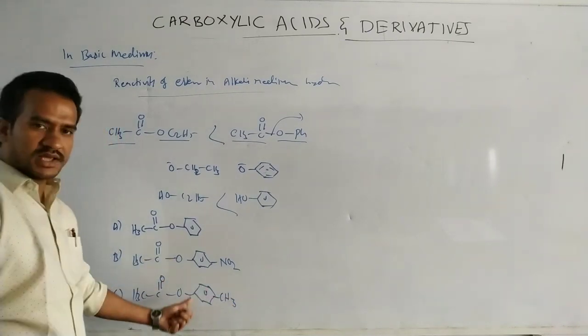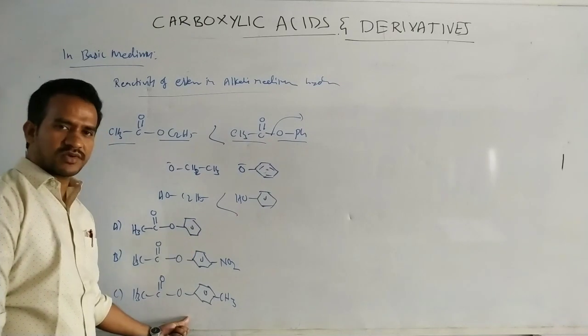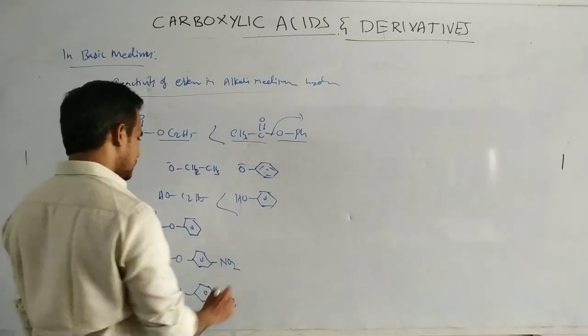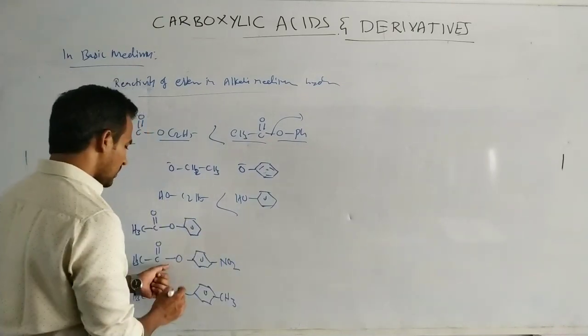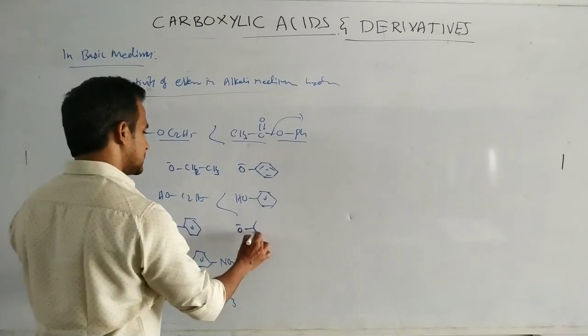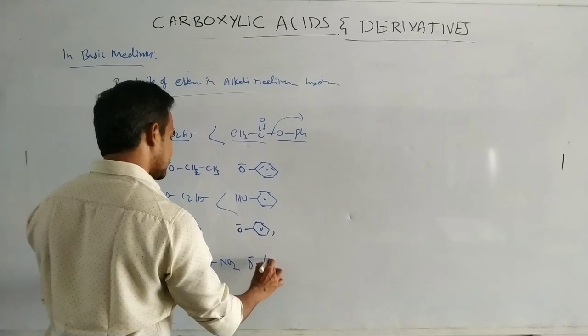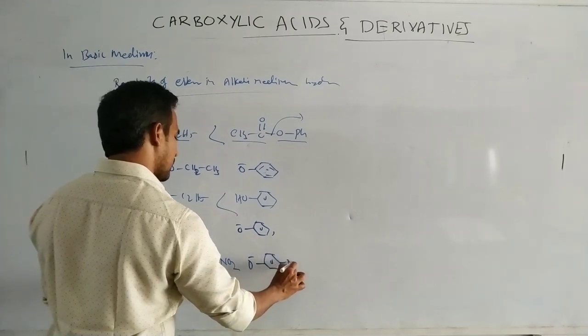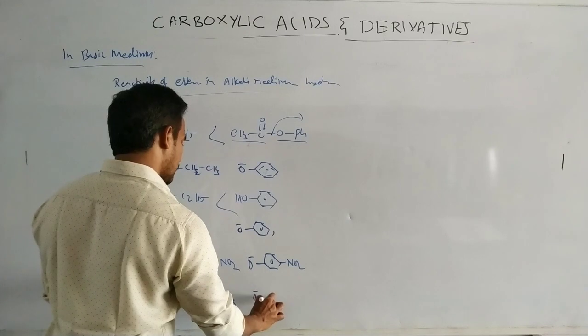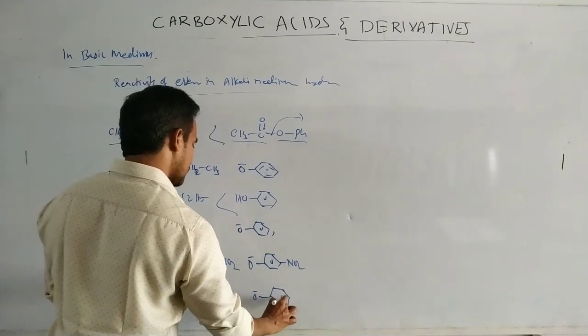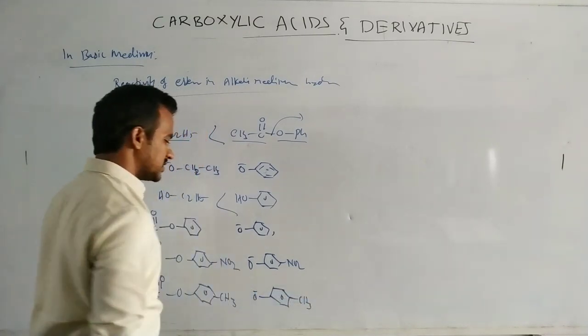Which is more reactive in ester hydrolysis? Here the leaving groups are different. Which is a good leaving group? In this case, O minus Ph, O minus with NO2, and O minus with CH3.